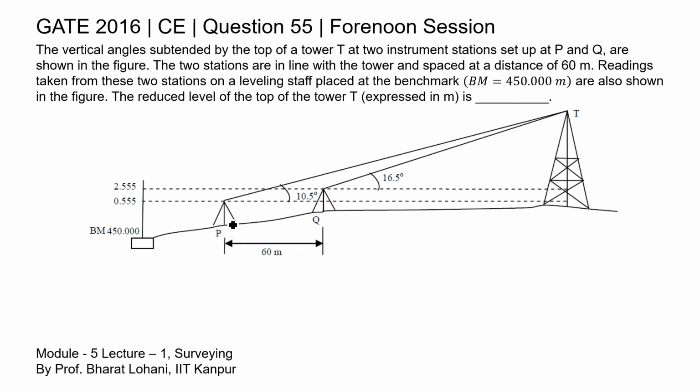The distance between P and Q is 60 meter, and the staff readings at P and Q from a benchmark are 0.555 and 2.555 respectively, and the reduced level of the benchmark is 450. Now, by using this data, we need to find the reduced level of the top of the tower, which is designated here as T.